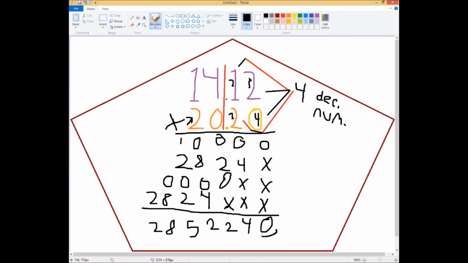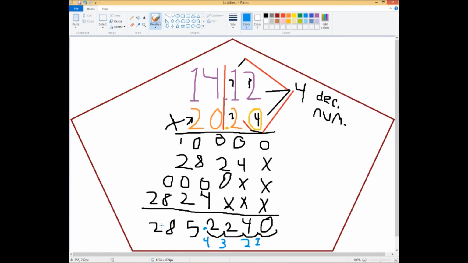So it'll be 1, 2, 3, 4. And then let me put another color so you won't get confused. So it'll be 1 space, 2 space, 3 space, 4 space, because there's 4 decimal numbers.